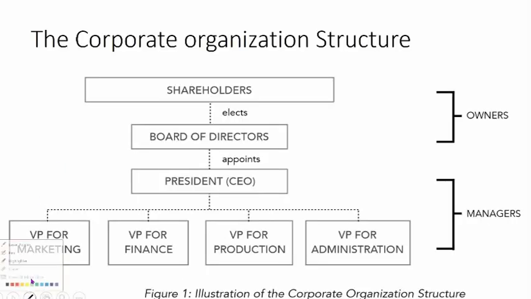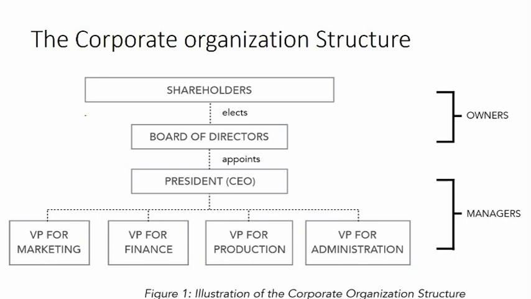So, here you can see that we have the corporate organization structure headed by the shareholders, who elect the board of directors from the shareholders, and the board of directors would appoint the president or the CEO from the board of directors.